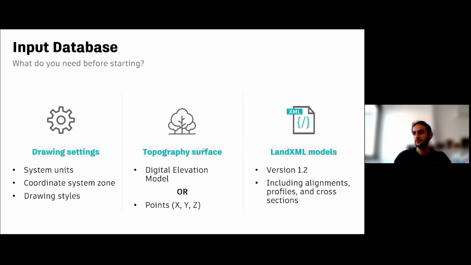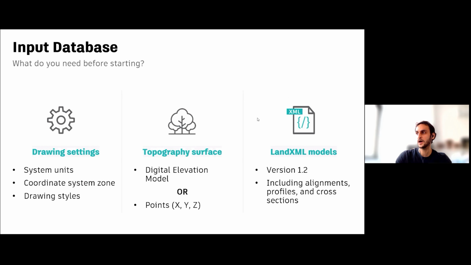The topographic surface, we are creating a database that contains digital elevation model or the points x, y, and z. And finally, the LandXML models is the third part of the input database, and it's related to alignments, profiles, and cross-section. We are using version 1.2, but it works also for the version 1.0. We did not test yet with version 2.0, okay?